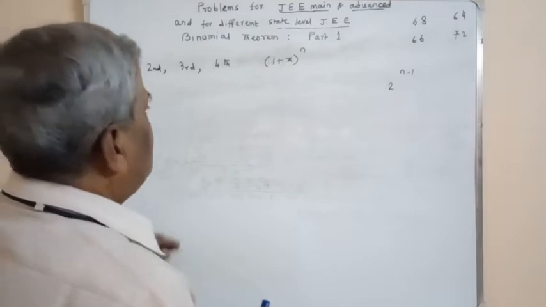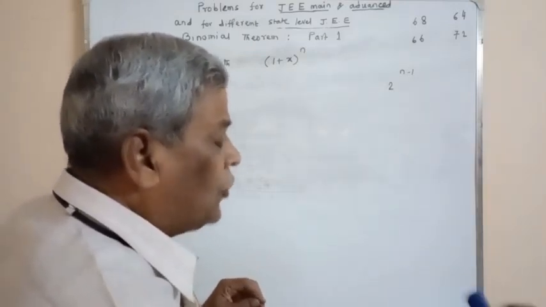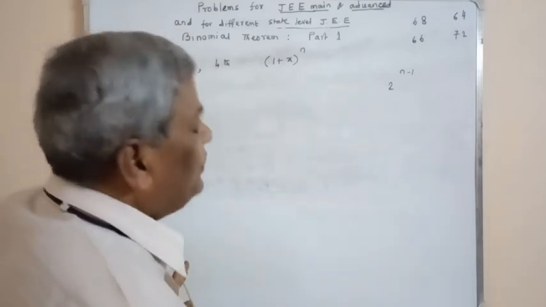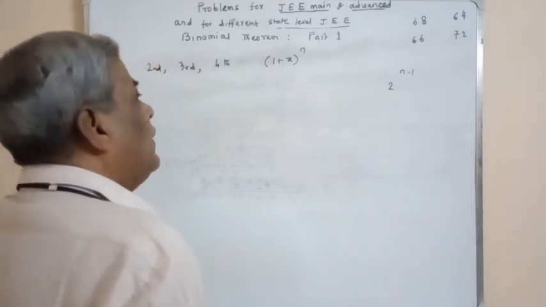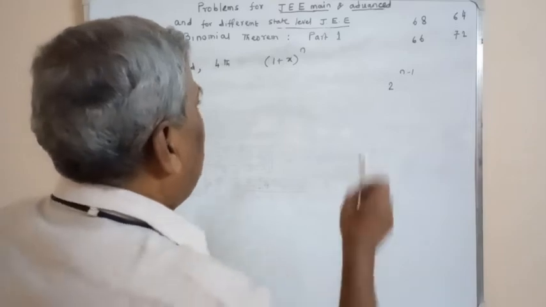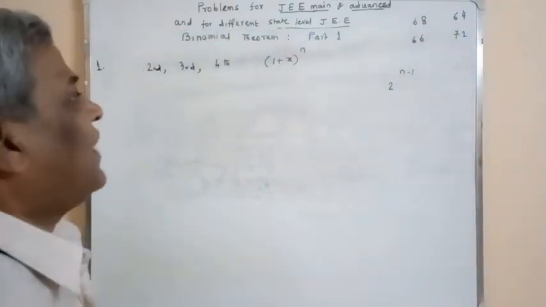But before that, we have to find the exact value of n, because in the answer, numerical values are there.